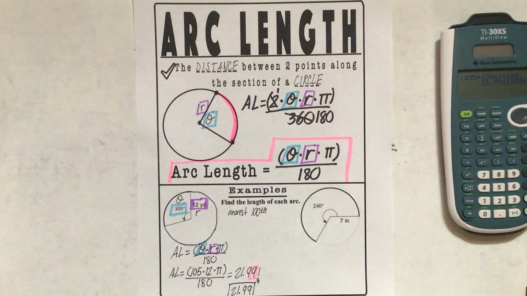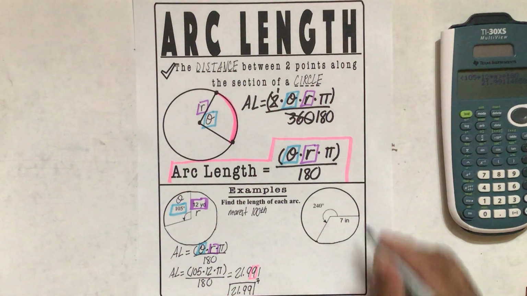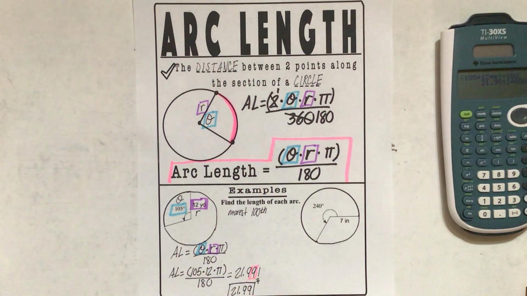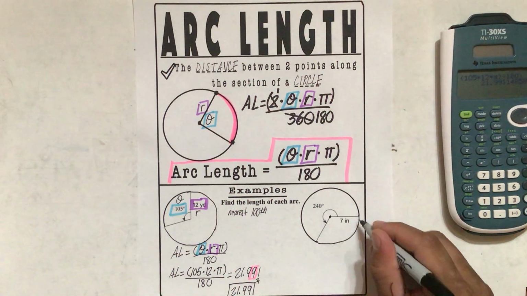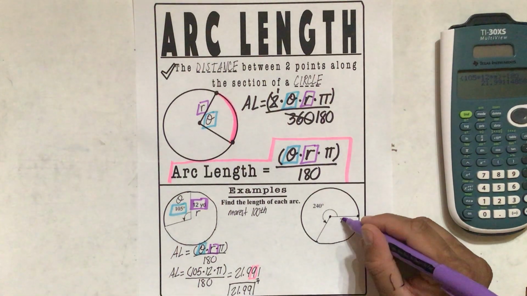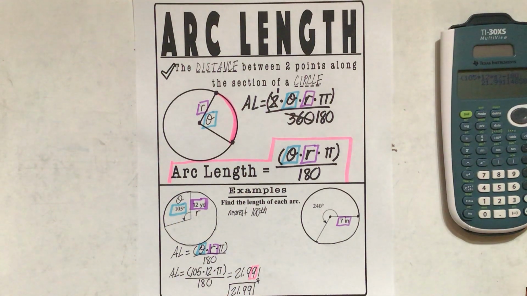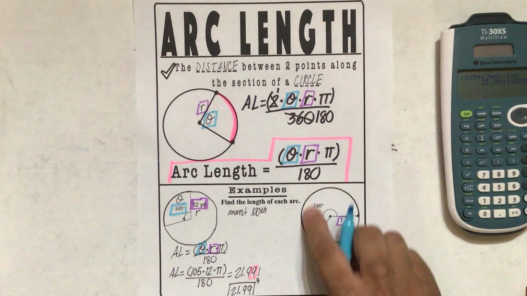Okay, let's do the second example here. What are the two things we need? We need theta and we need r. r is the distance from the center to the side of the circle, which is 7. And theta is the degree of this pizza slice.